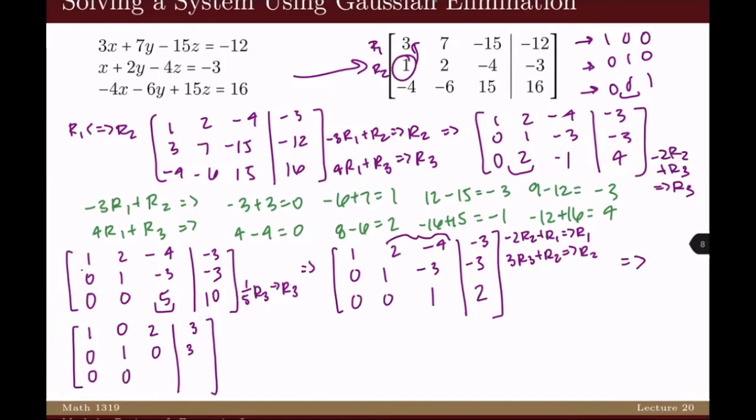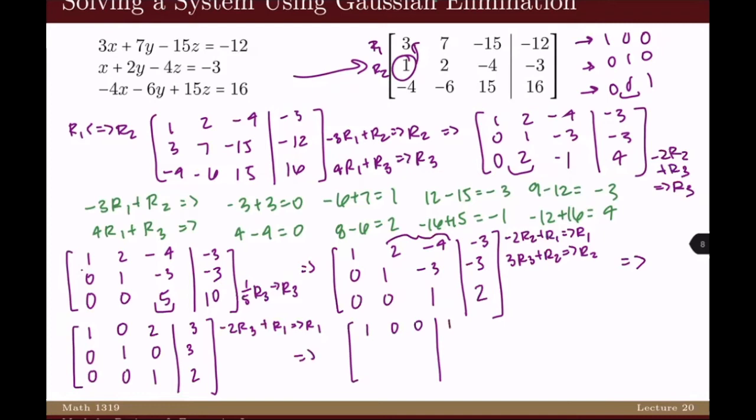The last step is I'm going to do -2 row 3 plus row 1 is my new row 1. So that is going to be, when I get 1, 0, 0, then I'll have -2 times 2 is -4, plus 3 is -1.